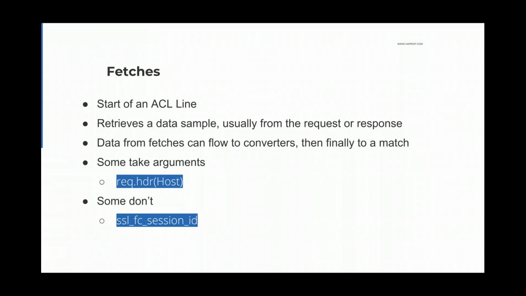Some fetches will take arguments, such as req.hdr(host), which you saw in some of the examples previously. This will return the first host header in the request buffer. Some will just retrieve the value without any prompting, such as ssl_fc_session_id, which will just return the SSL session ID.